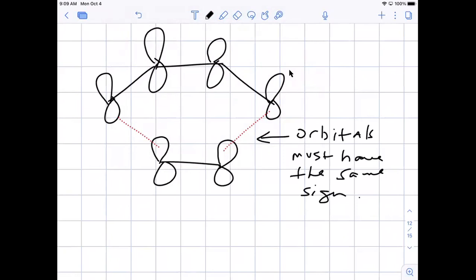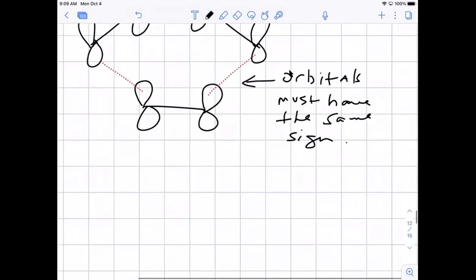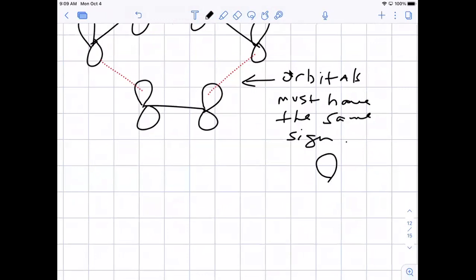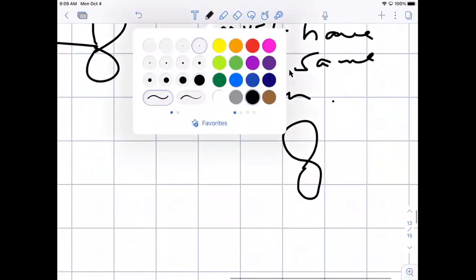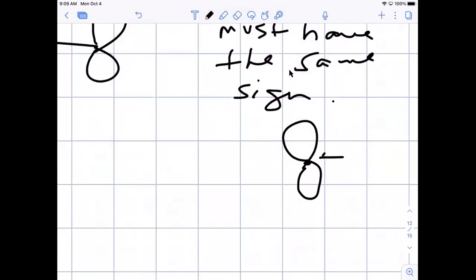Remember we talked about a p orbital having a node in the middle. Right, and then one lobe is, we'll say we're going to shade it. One lobe will be shaded, and the other lobe unshaded.